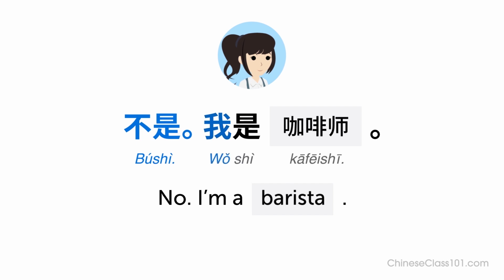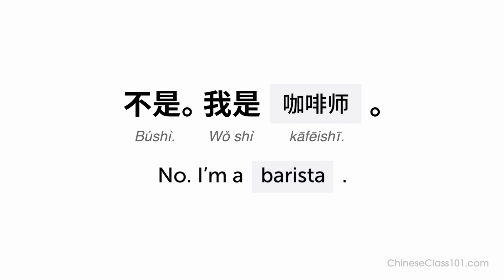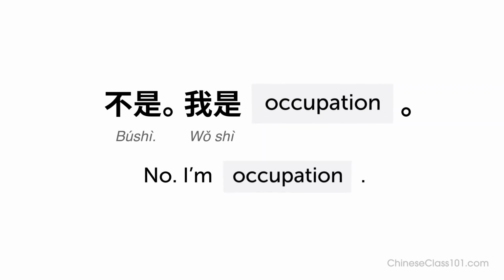不是，我是咖啡师。No, I'm a barista. When directly responding to someone's question, it's often possible to simply answer, 不是, here, no. You are negating the incorrect statement and can then state your actual occupation. This pattern is 不是，我是, occupation.